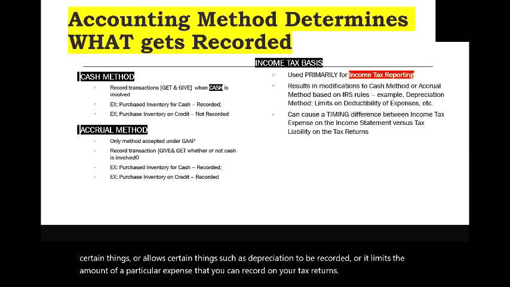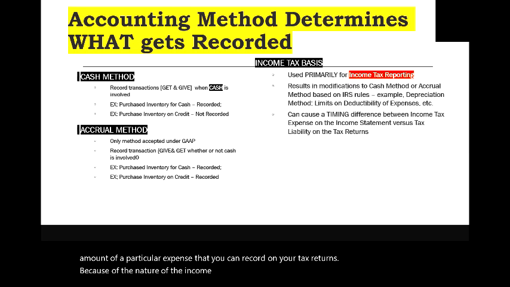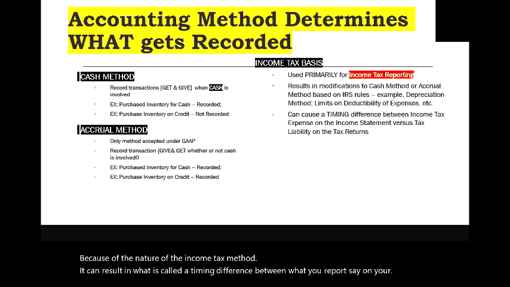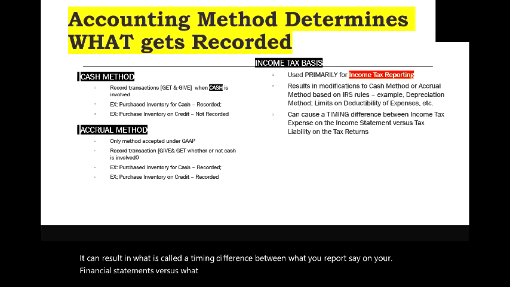Because of the nature of the income tax method, it can result in what is called a timing difference between what you report, say, on your financial statements versus what you have on your tax returns.